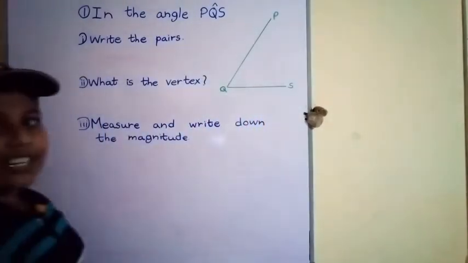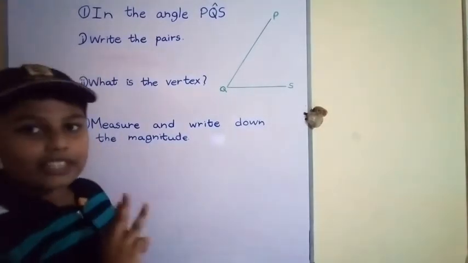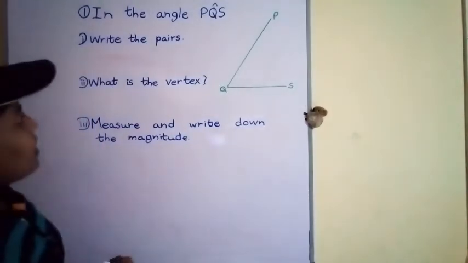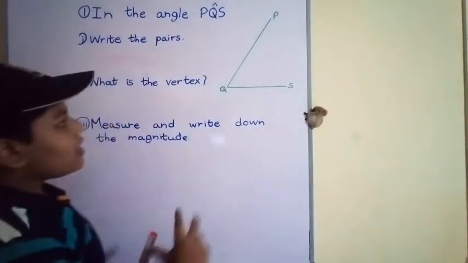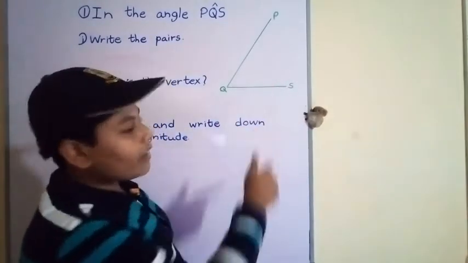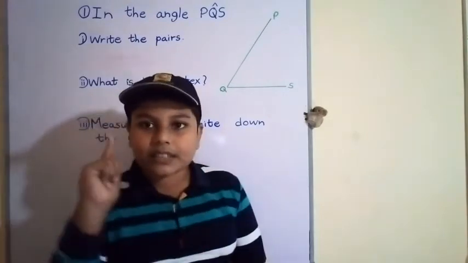Now, the first question. In the angle PQS, there are three parts, 1, 2, 3. First, write the pairs. What are the pairs in this angle? You have PQS, but you want to find the pairs.